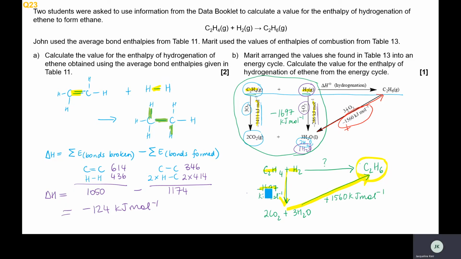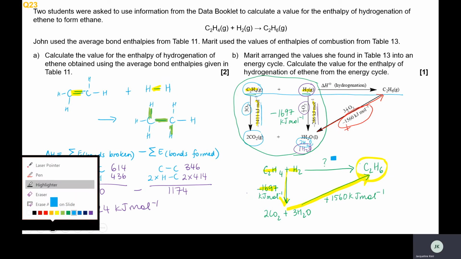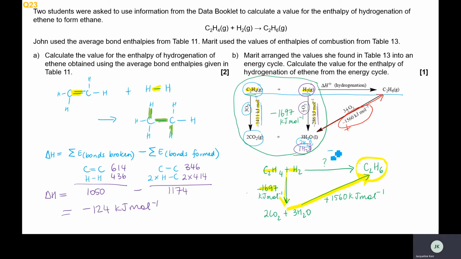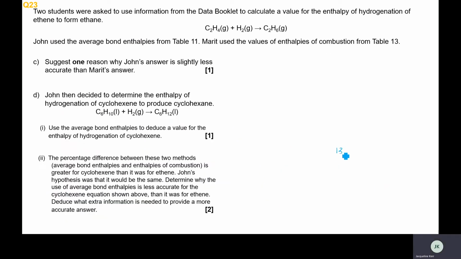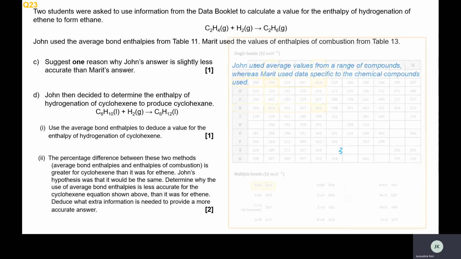So negative 1,697 plus positive 1,560, we get a value of, oh, I'm in highlighter mode, sorry. Gives us a value of minus 100, oh, now I've done it, haven't I?